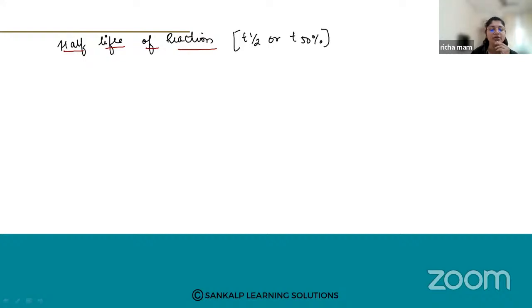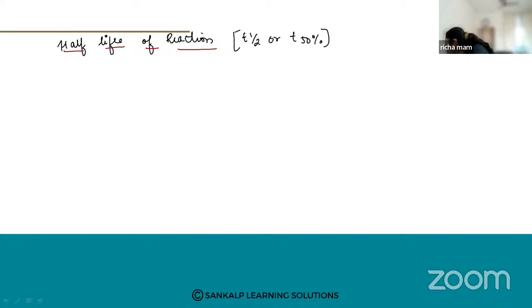So whatever the time is, it is a time in which the concentration of the reactant is reduced to half. That is called the T half of the reaction. Got it?